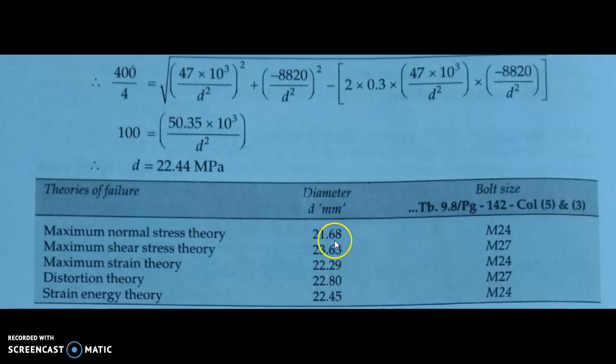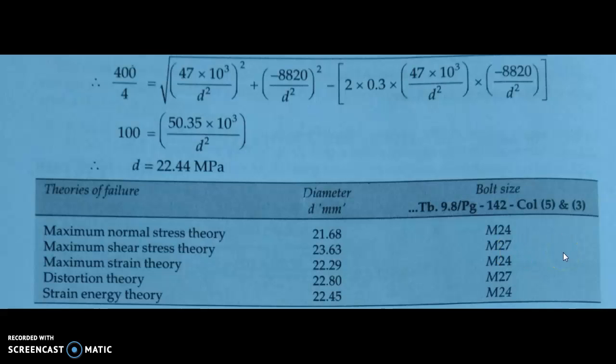So 21.68 is not available in the market, so we have to take the next upper value, that is 24, and it is bold, so the size will be M24. Next one is 23.63, so just take your data book and consider that value, that is M27. Similarly we can take all values from table 9.8, and finally we get 5 values for the bolt diameter.